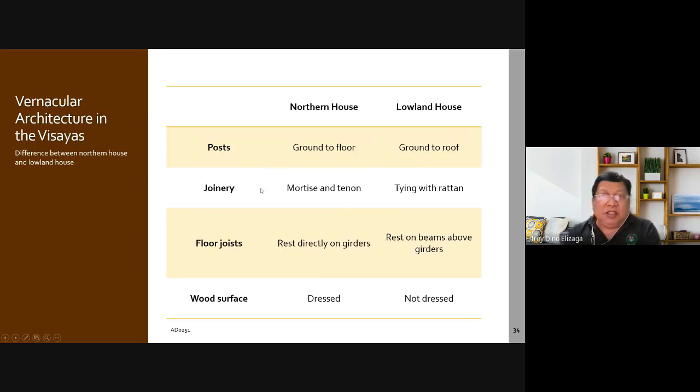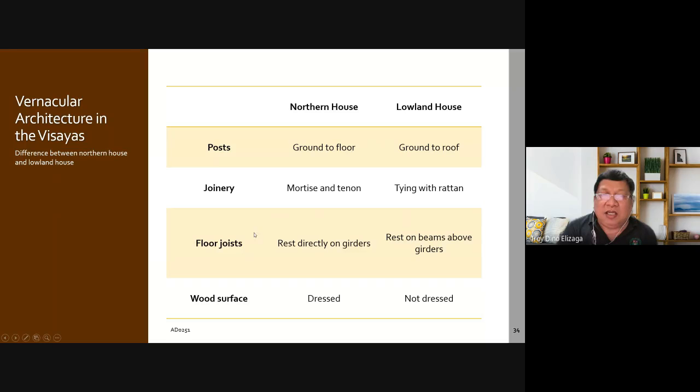In joining these structural members, in the northern houses, they use mortise and tenon. I hope you're familiar with this in your building tech. But then the lowland houses, they tie the members using rattan, what we call the lashing. The floor joists rest directly on girders.